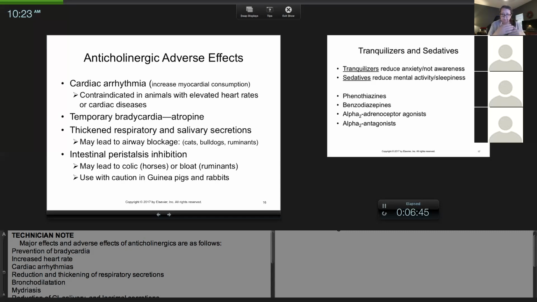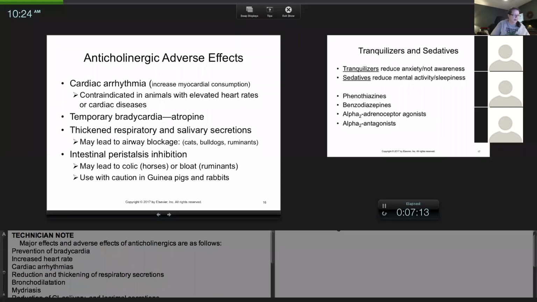But sometimes bulldogs and cows, they come in and they have this very thick, ropey saliva. And if you have this thick, ropey saliva, those guys, if you give a drying agent, it can make their secretions too dry, okay? To the point that it basically can turn into an airway blockage.